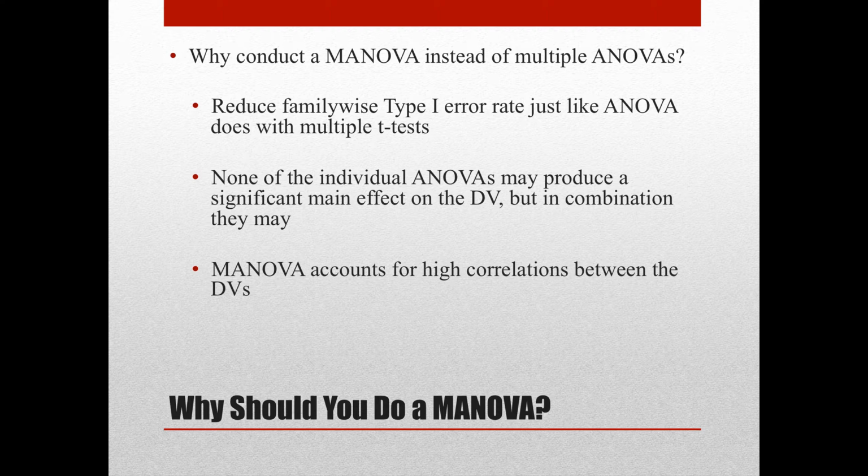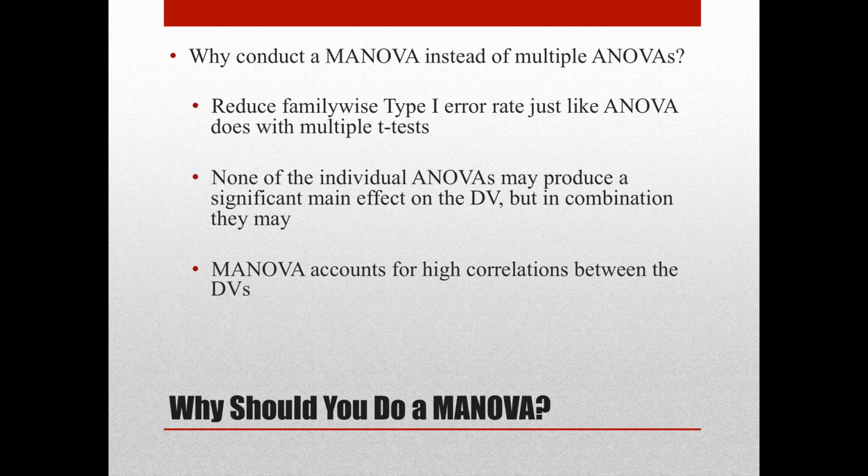Second bullet, none of the individual ANOVAs may produce a significant main effect on the dependent variable, but in combination they may. We'll see examples of that. And MANOVA accounts for the high correlations between the dependent variables. And that's something we want. We want to look at our correlation between our dependent variables, and we want them to be highly correlated when conducting a MANOVA.